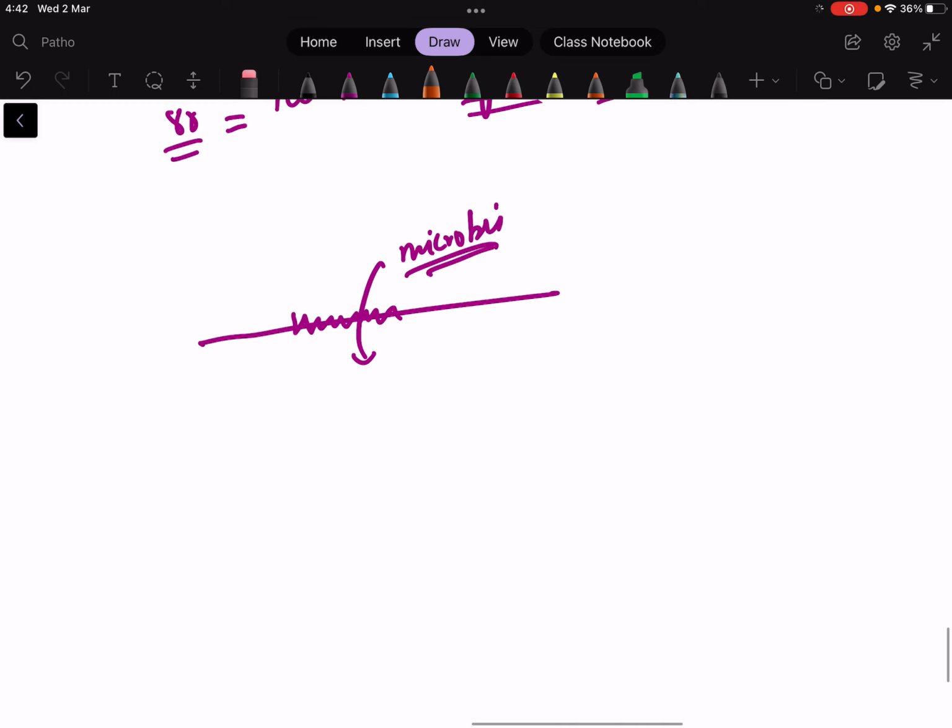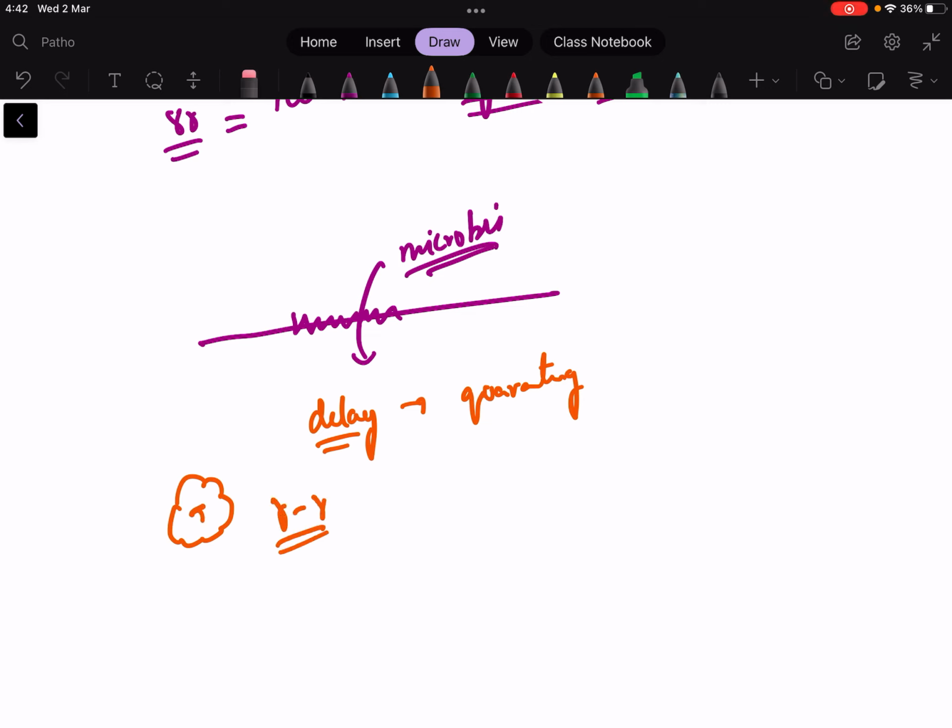So obviously there will be a delay in the quarantine of the microbe. Hence the T cells with delta and gamma receptors can easily quarantine the microbe. That is the importance of this one.